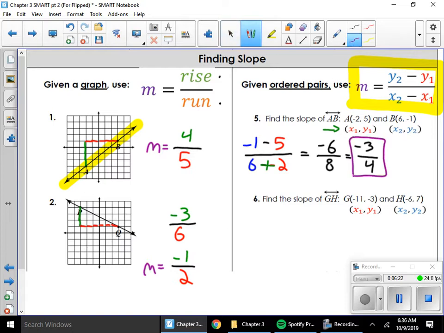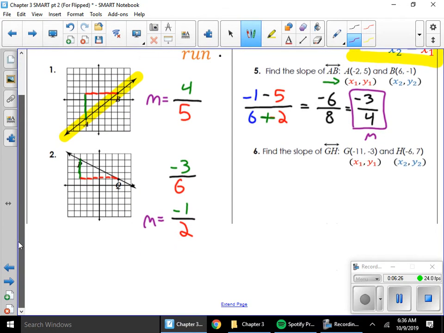Taking a look at one last example, find the slope of GH. Again, I have already labeled these points. I recommend you do the same. So I get a y2 value of 7. I'm subtracting from that a -3.